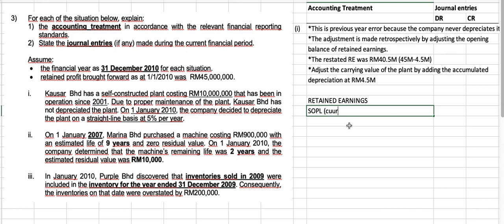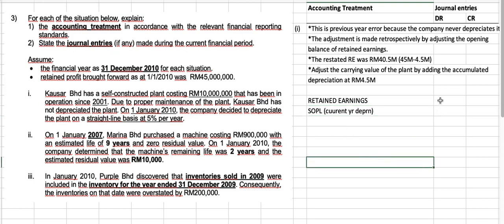The current year depreciation is 500,000.